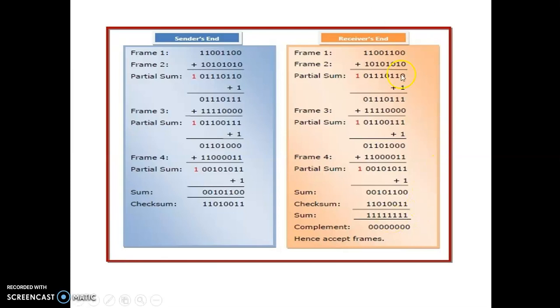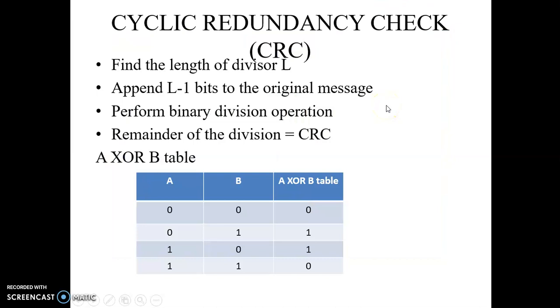Next, we are going to see about cyclic redundancy check (CRC). Here the original data portion is given, and a long binary division is performed between the original data portion and the given divisor. Before performing the long binary division, we need to append L minus 1 bits to the original message.